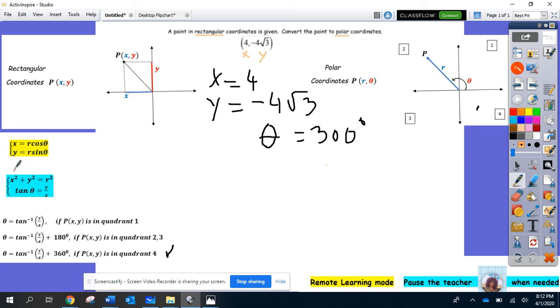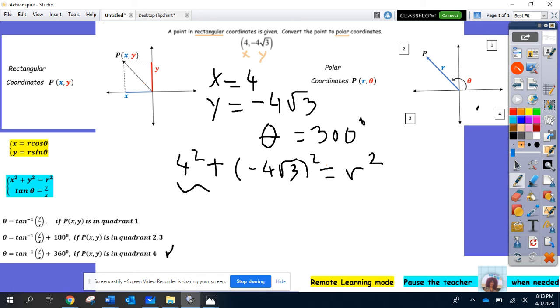The radius is much easier because you just plug in x and y in the Pythagorean formula here. So x squared is for us 4 squared plus minus 4 square root of 3 again squared equals radius squared.